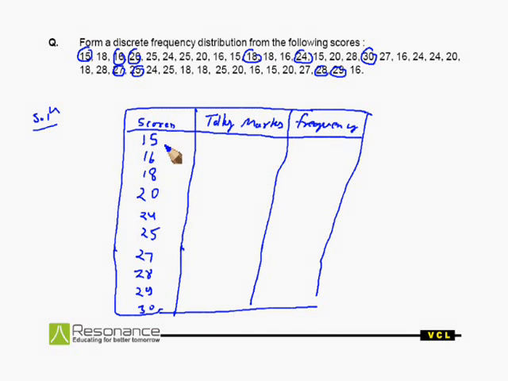So these are the different scores, and we arrange these scores in ascending order, that is 15, 16, 18, and up to 30.